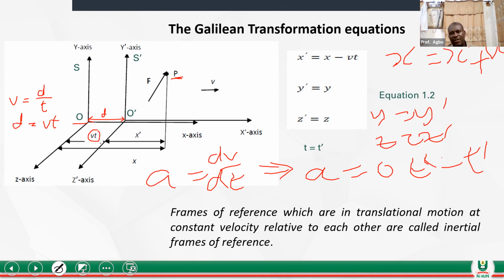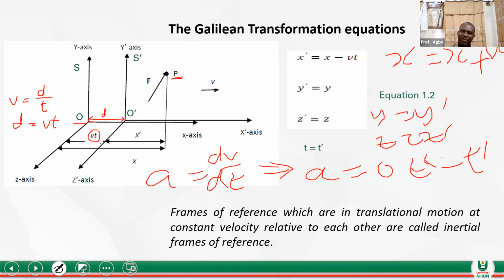This set of equations is what we refer to as the inverse of the Galilean transformation. It's one of our learning objectives that at the end, you'll be able to write them down. So, any question from here?